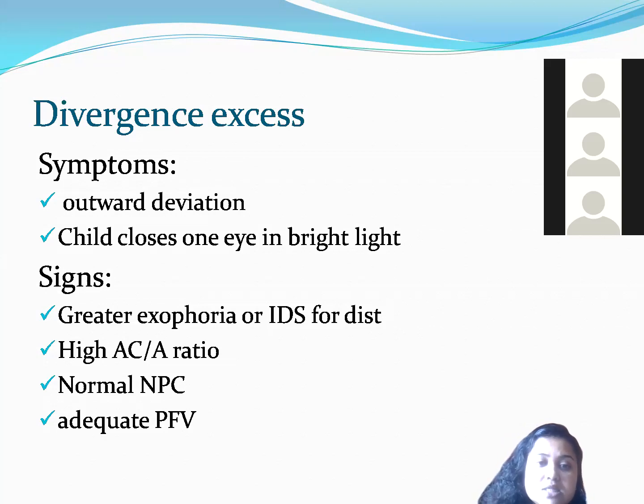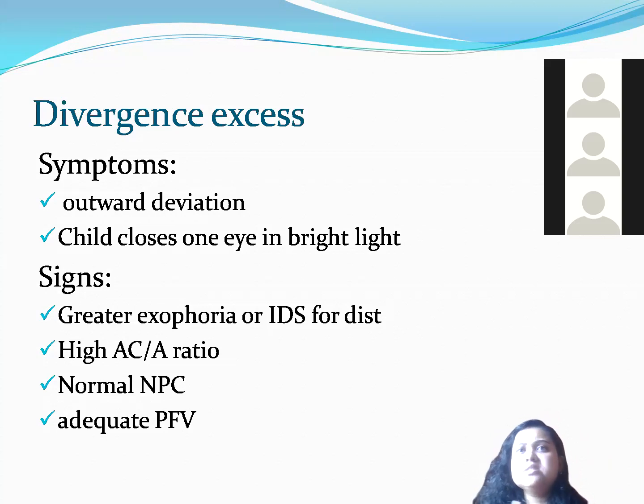Now coming to the signs of divergence excess. The patient reports with a greater exophoria or an intermittent divergence squint for distance. IDS means intermittent divergence squint, that means intermittent exotropia for distance. Whenever the person is looking at distance, he is getting an exotropia at times, not all the time.